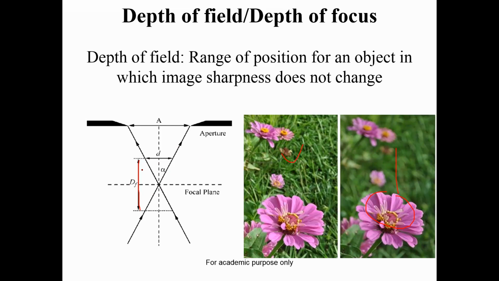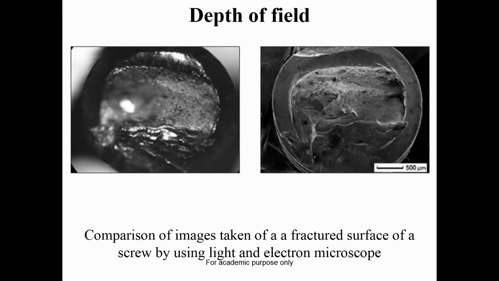So depth of field we can define as the range of positions for an object in which image sharpness does not change, right? Now, what is depth of field? These are two images of the same object, that is the fracture surface of a screw. With the optical microscope, you can see a lot of reflections. We are not getting any useful information from this image.